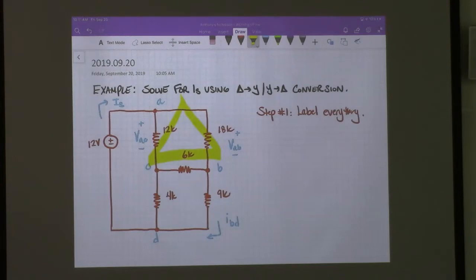That forms one delta ABC. And then we actually have another delta down here. So we have two different deltas. None exist here, right?